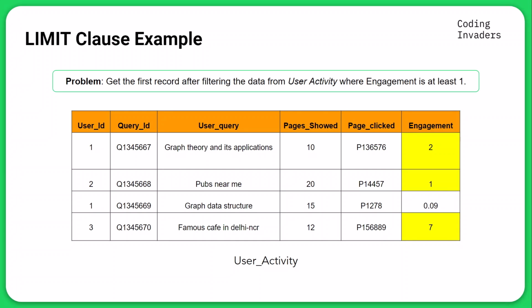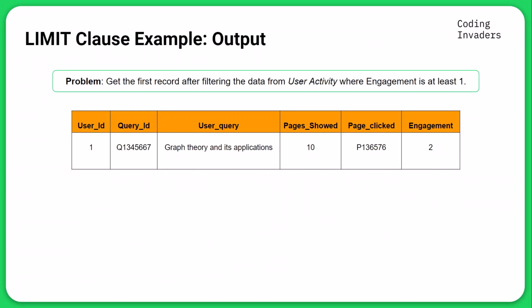These ones, where engagement value is 2, 1 and 7. And the first record after filtering the data is the row associated with engagement 2, right? This is the first record that should come as the output. Hence, this output is the solution to our problem.